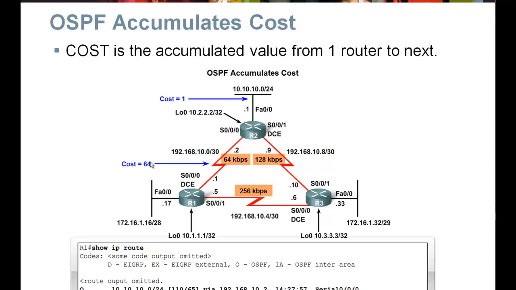Don't forget that, because a lot of times I'll sit there, like I know I did, and think from R1 to R2, oh, it's a T1, so the cost is 64, and put down 64. But you also have to add the cost from the router into that network, which most of the time is Fast Ethernet, so you have to add that extra 1 in there. Otherwise, you will get that question wrong on the CCNA.